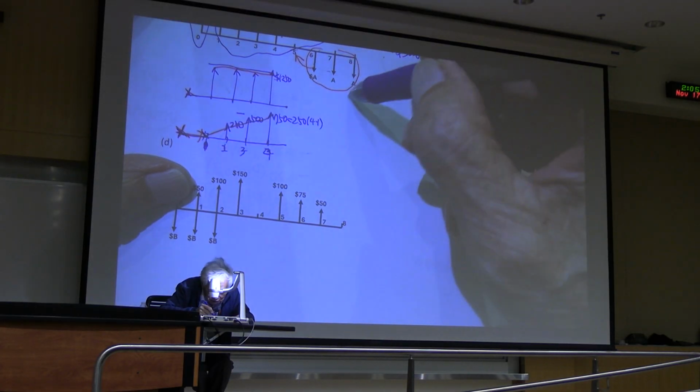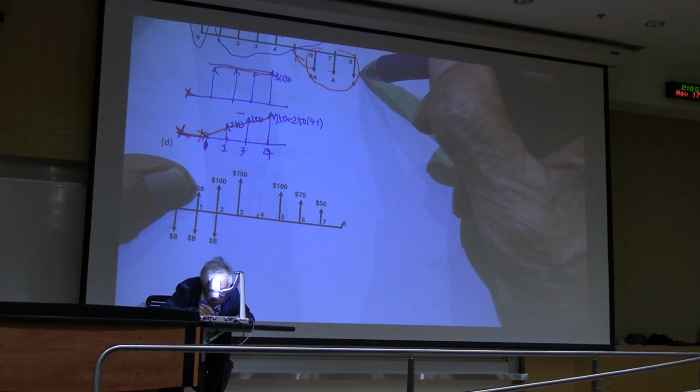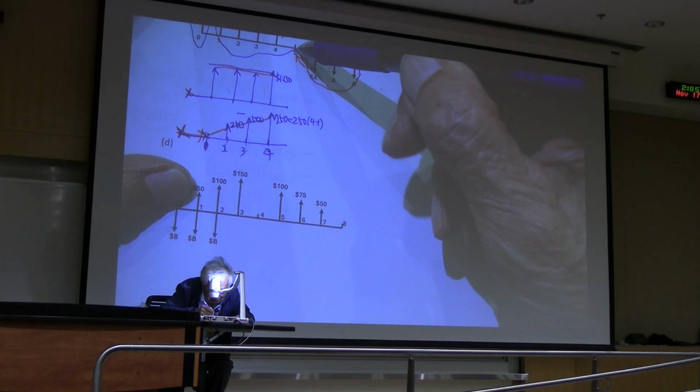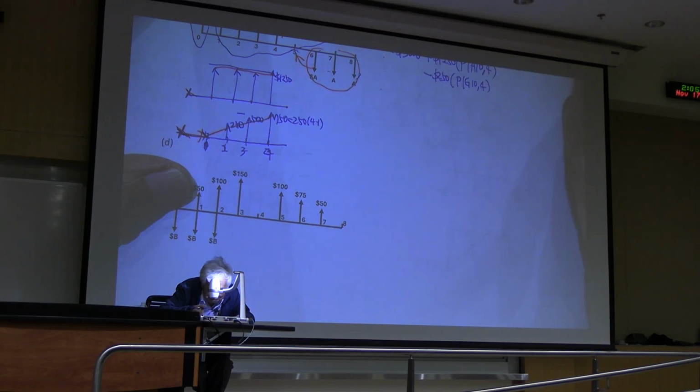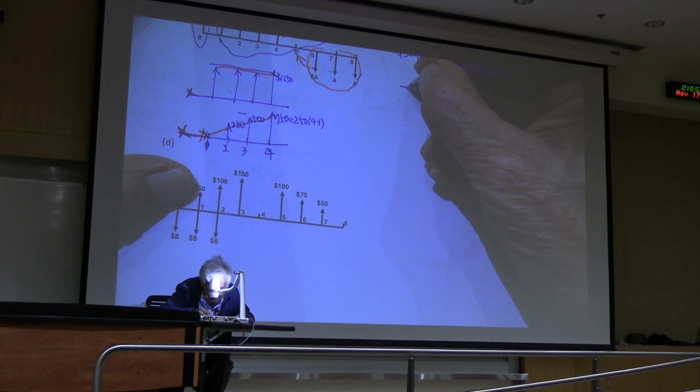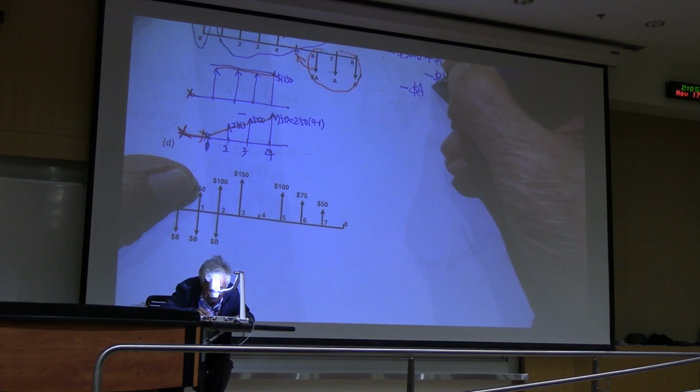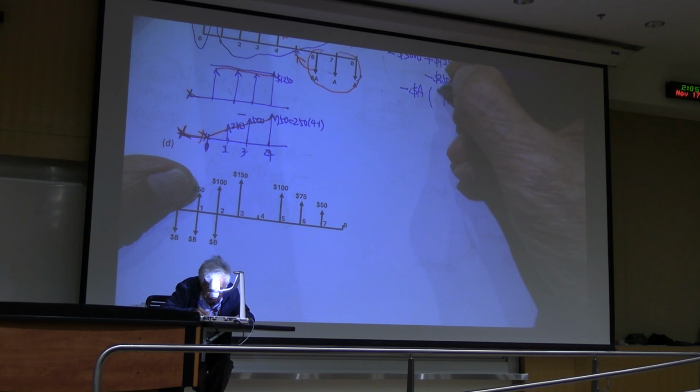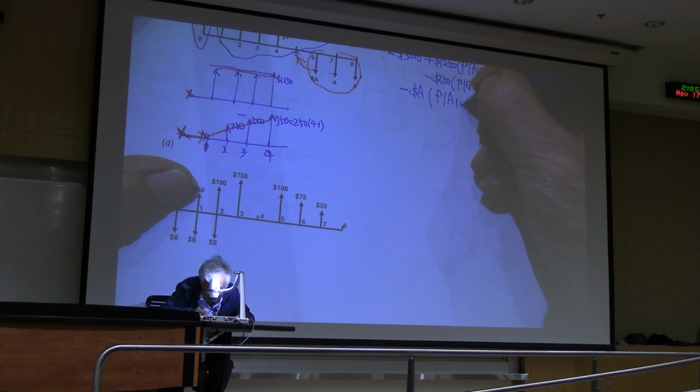How about those two terms? Standard uniform series. The present value, one interest period backward, minus A given P... 10, 3. Not done yet.